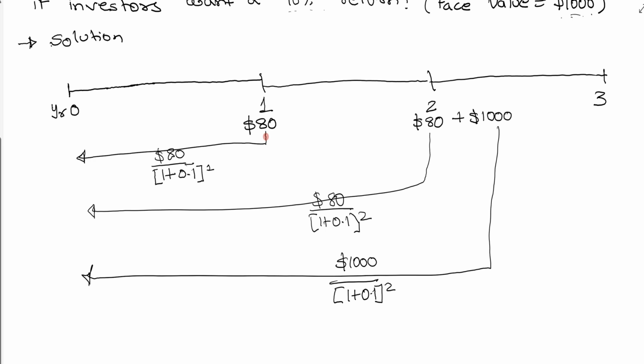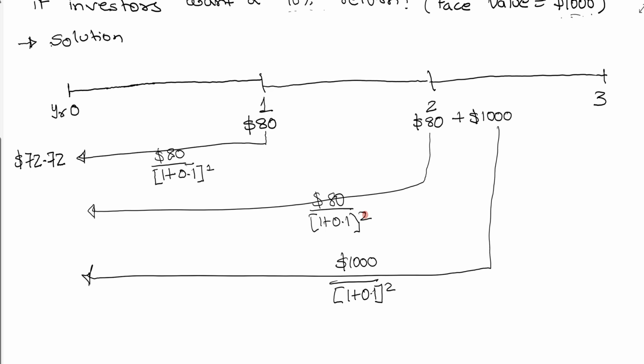The present value of this future $80 after 1 year, when you do the math, will come out to $72.72. So $80 after 1 year is the same as $72.72 today, or the present value of this $80 is $72.72. What is the present value of this other $80?